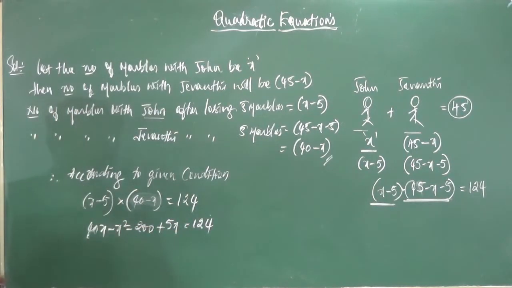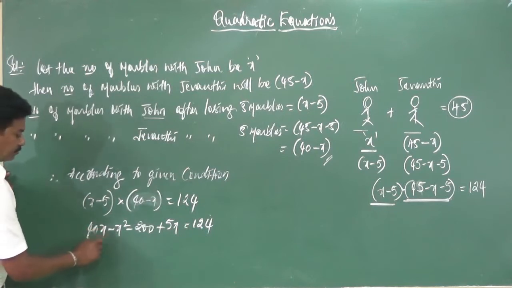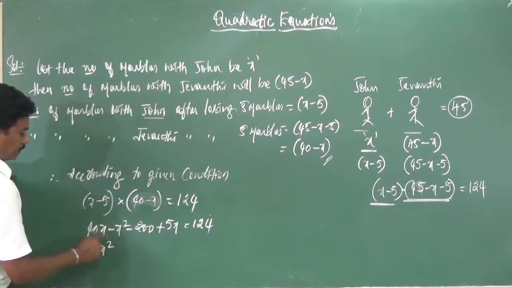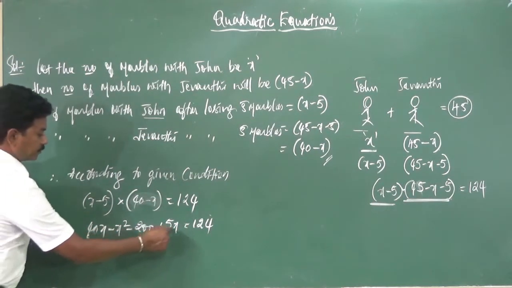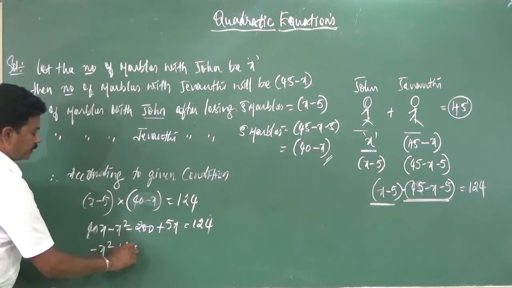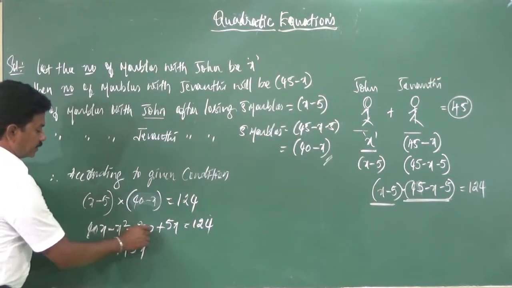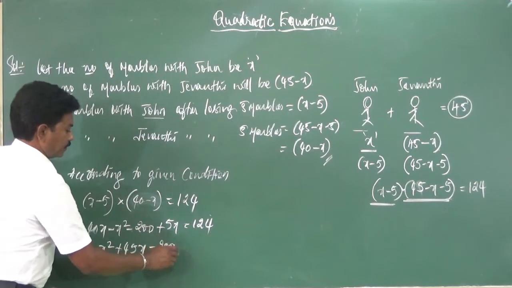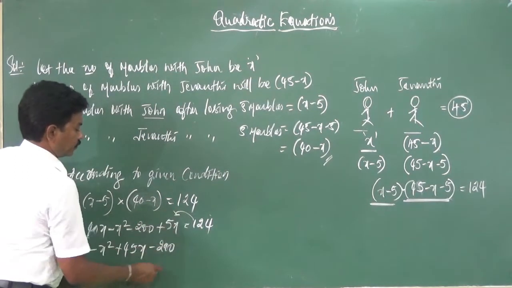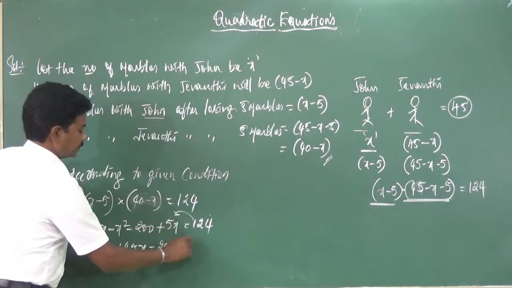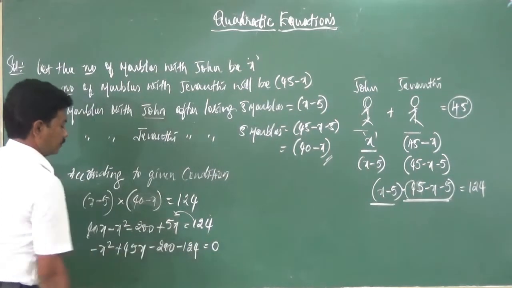Okay, now we will simplify this. Minus x square and plus 40x plus 5x is plus 45x, and then minus 200, and when you take this plus 124 to RHS, we get minus 124 is equal to 0.